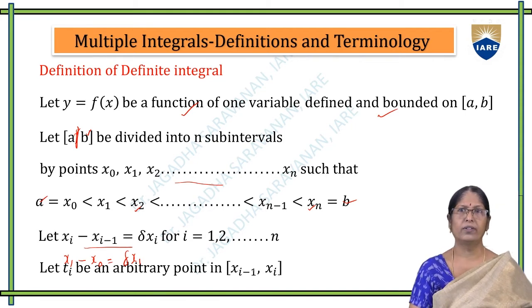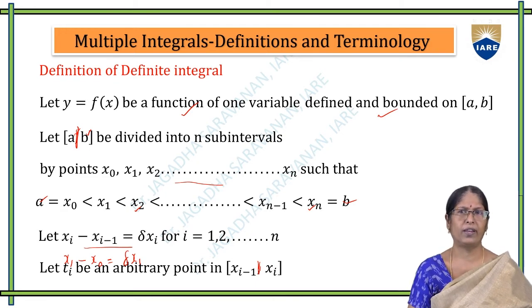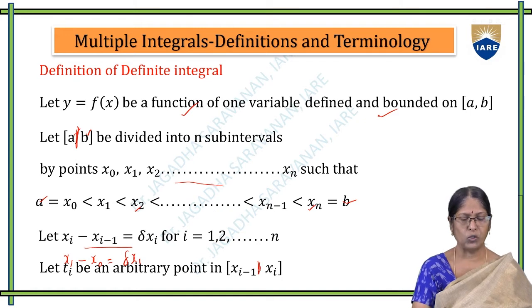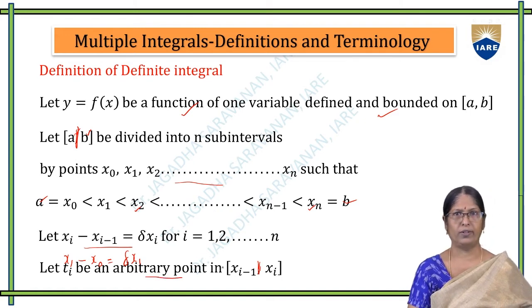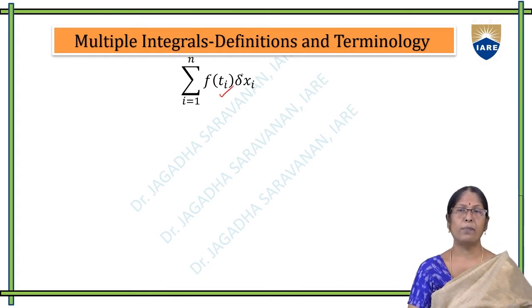So in general, in the formula we have taken the points from xi minus 1 to xi. In between, an infinite number of points are there. Any point we can select, that is our choice. That is an arbitrary point ti. We can put it in this format: summation i equal to 1 to n f of ti del xi.